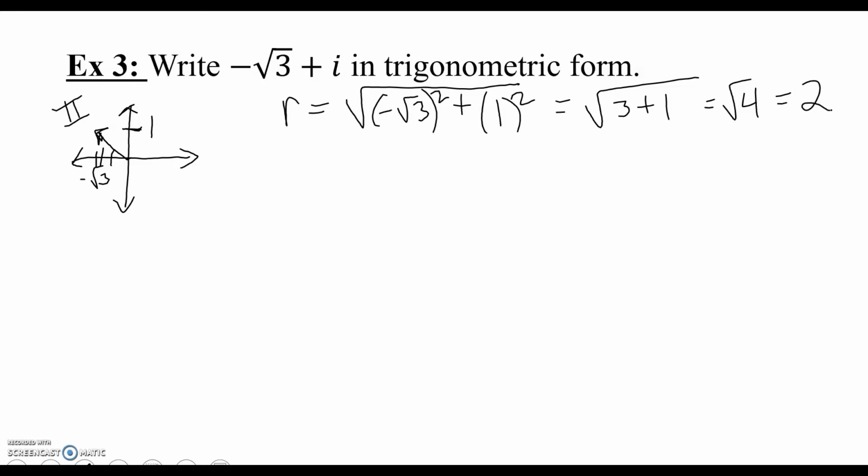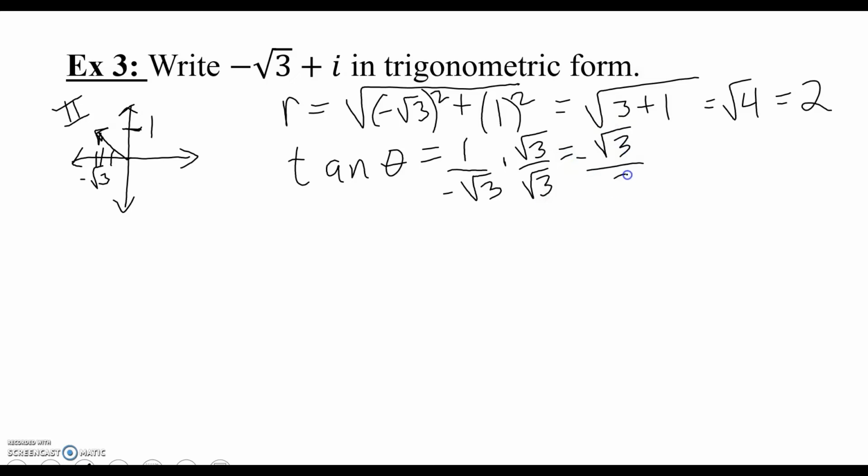Okay, so once we find R, we now need to find the angle theta. So we're going to use the fact that tangent of theta is equal to y over x. Remember, our y is 1 and our x is negative square root of 3. You can plug that in your calculator like that, or you can rationalize that denominator by multiplying top and bottom by square root of 3, and you get negative square root of 3 over 3.